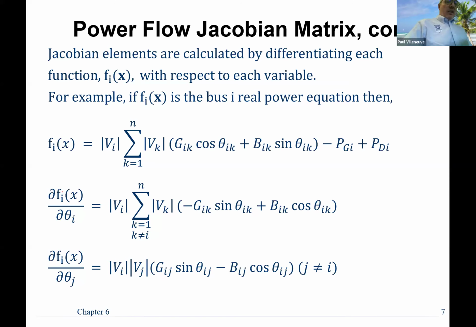At bus I and the angle theta I, you use the equation that's shown there. If you're at bus I, but you're trying to calculate for the angle J, it's a simpler equation, and it's highlighted here that J does not equal I. You can just write these equations mathematically.